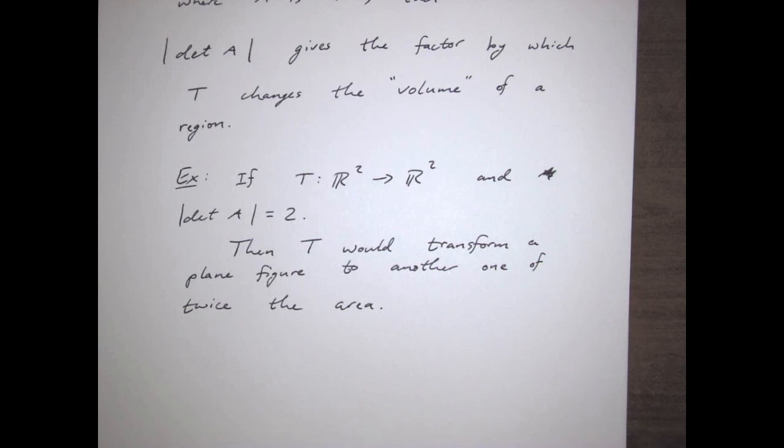And what that means here is, if the determinant is 0, that means we are transforming the plane figure into something of area 0, which is, in other words, just like a little line segment or something. And we can't undo that, because it's like trying to get a figure from a shadow. There are too many ways it could have been collapsed down. So you're basically losing one dimension when you're applying this transformation.